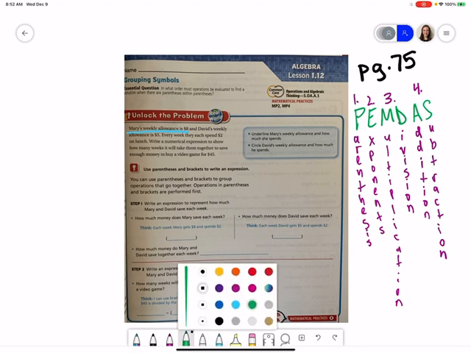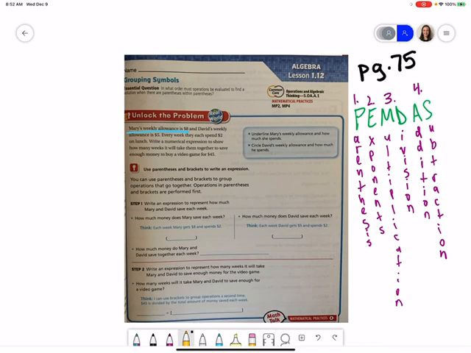Now we're going to underline David's weekly allowance. We'll do that in yellow. David's weekly allowance is $5. So each week they're getting $5 and $8 because remember, they want to come together to get that video game, which is $45.